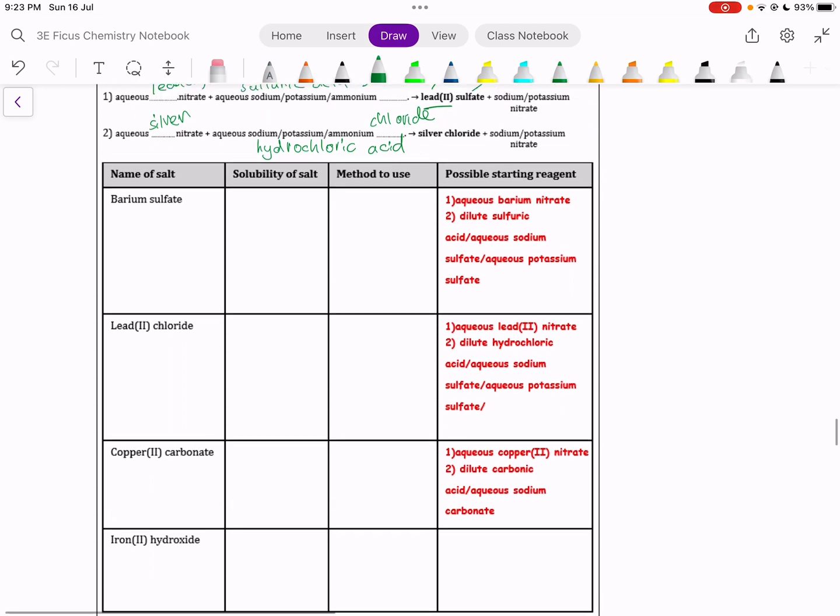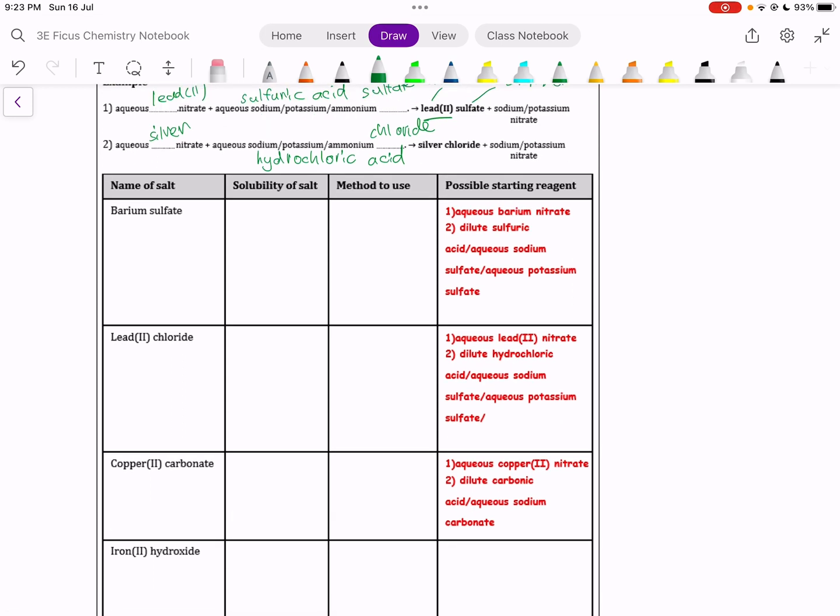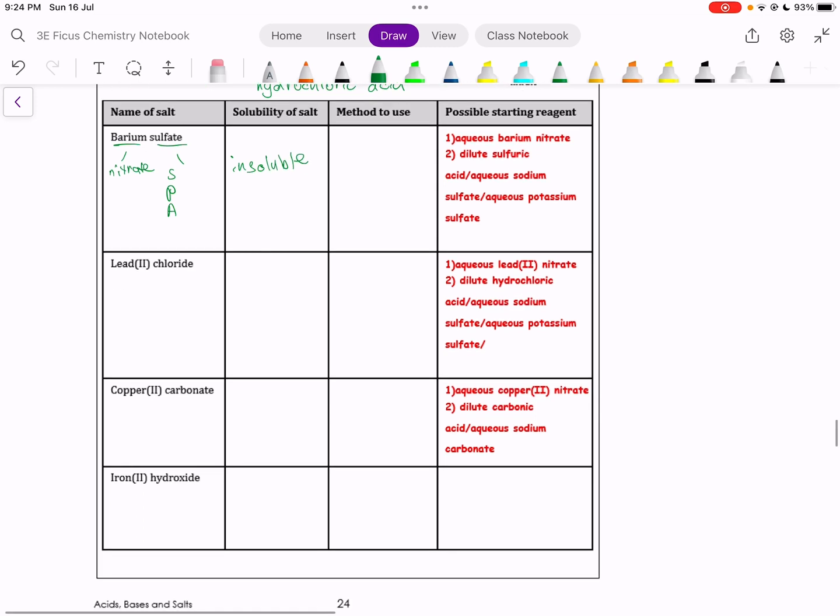Let's take a look at the first example. Barium sulfate: your barium definitely goes with your nitrate. Then your sulfate is either a salt or otherwise sulfuric acid. All these are insoluble, so we can put a sign like this.